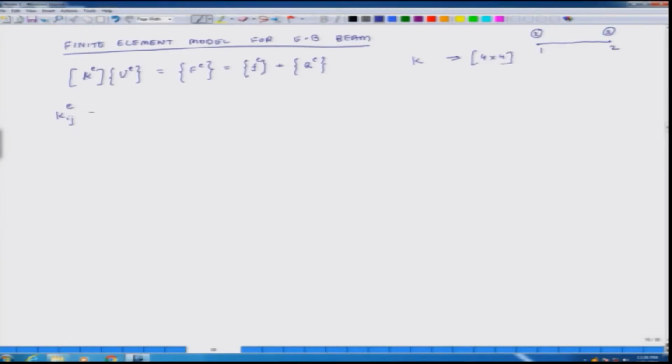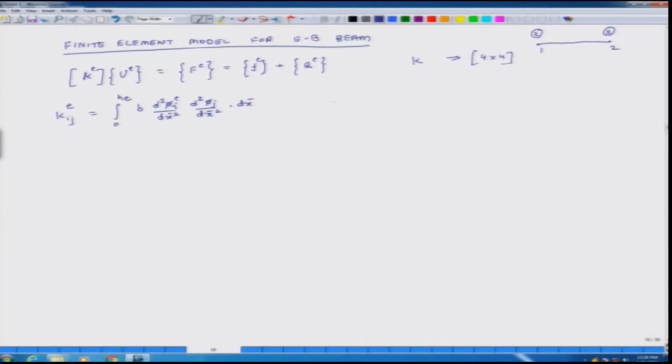So, Kij equals the integral from 0 to He of B, which equals E times I times the second derivative of phi, and actually again it should be a total derivative. So, that is my definition of the ijth element in this K matrix.